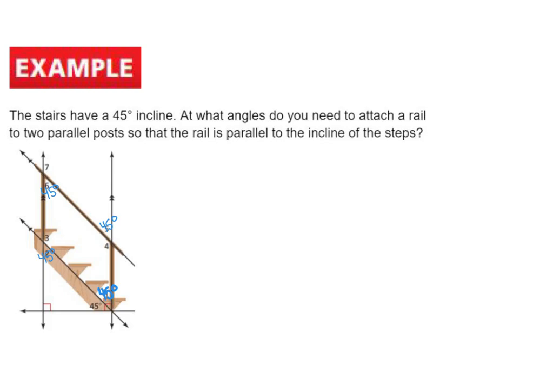And then finally, we can use our definition of supplementary angles. We know that 180 degrees equals 45 plus A. So we take away 45 from both sides. And we get 135 degrees equals A, which means that angle 7 is 135 degrees, angle 4 is 135 degrees, and angle 3 is 135 degrees.